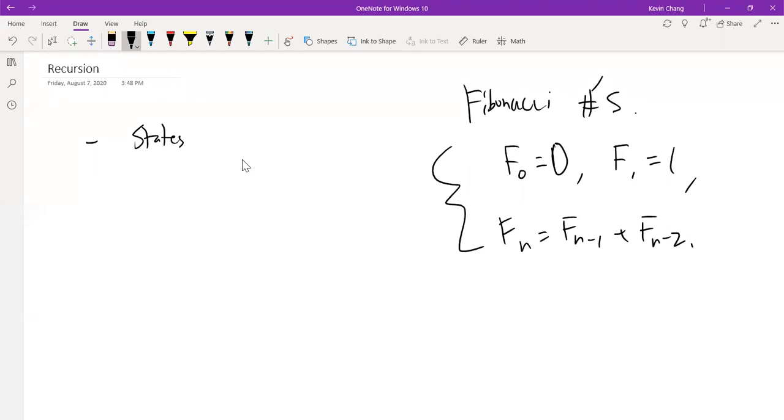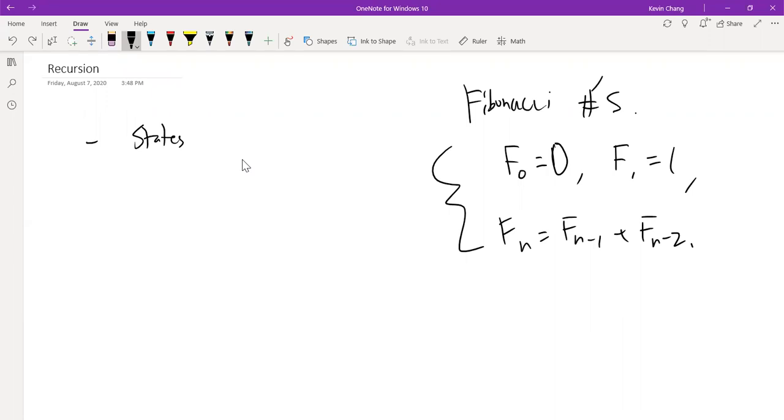So this is a recursive relation because our states are going to be each Fibonacci number, and each number has a specific index, like a specific point in space, where it is related to other points around it. So in this case, f of n is related to the previous 2 points, and it's just the sum of the previous 2 values.